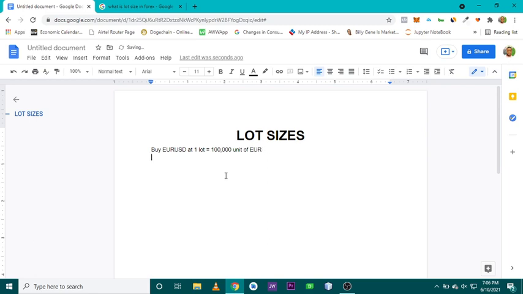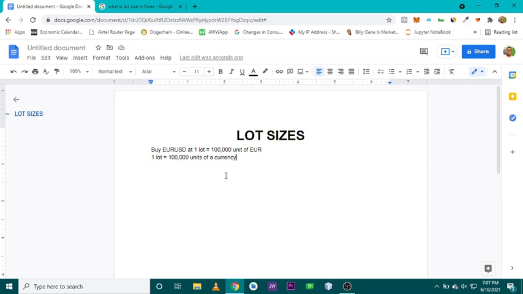So this might not still sink in, but just so you know, one lot is equal to 100,000 units of the currency, be it euro, USD, and the rest. So why is this important?